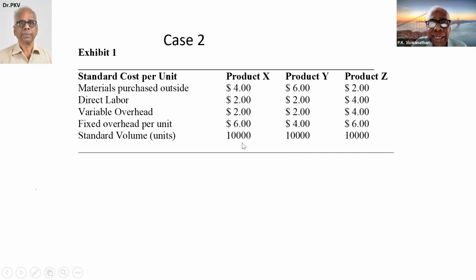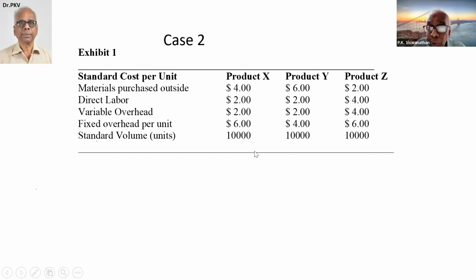It does not mean that if any other production happens, it will change. In other words, what I am trying to say is 10,000 into 6, $60,000 will be the fixed cost of the plant for accommodating product X if you produce 10,000 units. $40,000 will be the fixed cost for product Y and 60,000 for product Z.